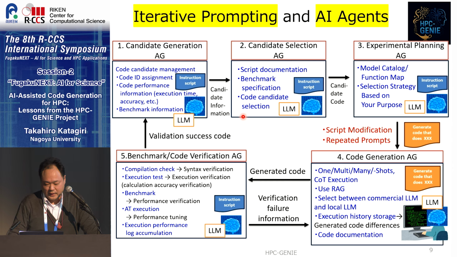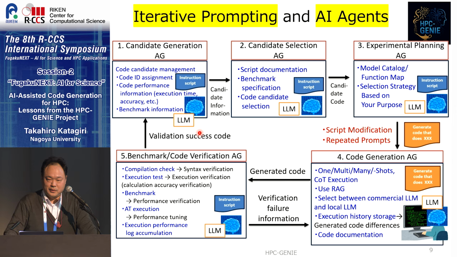Most people target the code generation phase, where the LLM generates the target code, and of course we verify the generated code. That includes the compilation check, execution test, and benchmarking, with a loop inside. After we get the best candidate, we go back to the first phase.